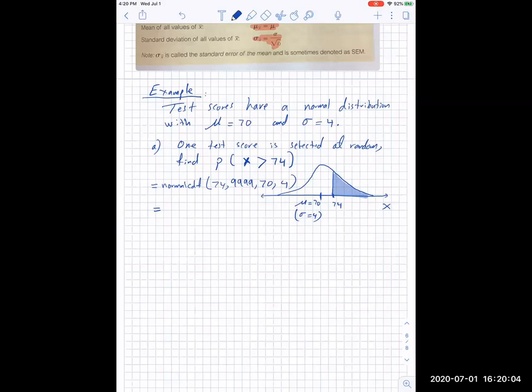Normal CDF, then 74, infinity, 9999. Center is 70, standard deviation is 4. Enter, enter. 0.1587, approximately, in percent form, 15.9%.